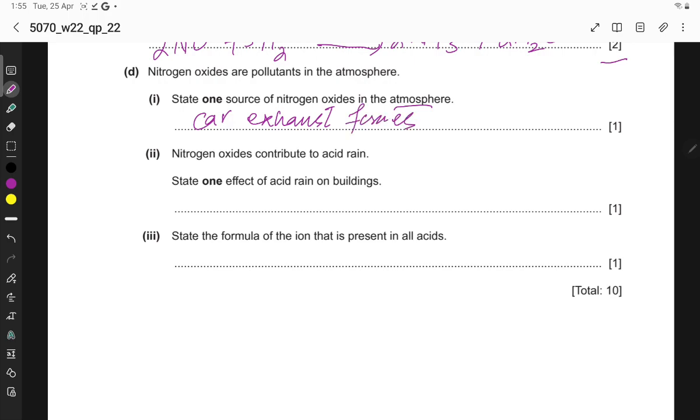Incomplete combustion of fuel. It corrodes the marble stone building.